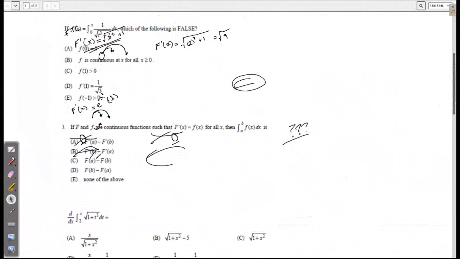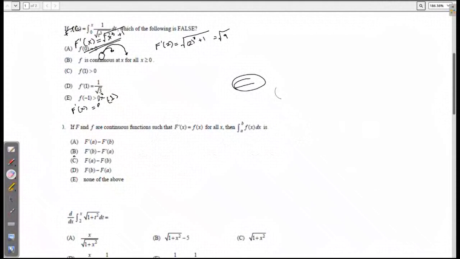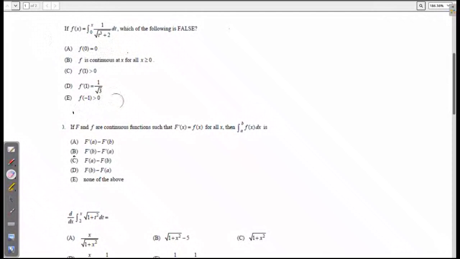And let's go ahead and blank this out. So here on this third problem, I have that the F of x is equal to this function, which of the following is false.